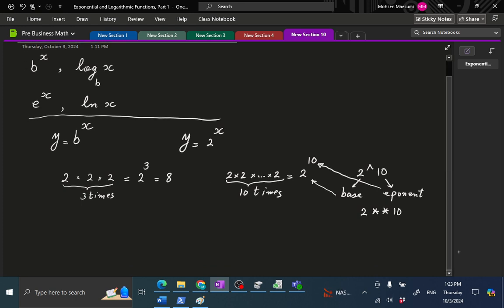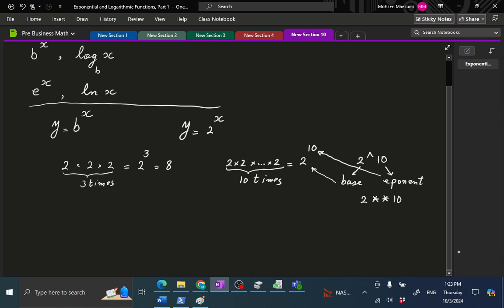Okay, 2 to the power of 10, what is that going to be? While we sit down and multiply, it's a good idea to memorize powers of 2, as far as you can go, that would be great. But 2 to the power of 10, if you multiply it all out, you get 1024. And higher powers of 2 do come in when you do computer purchases and such.